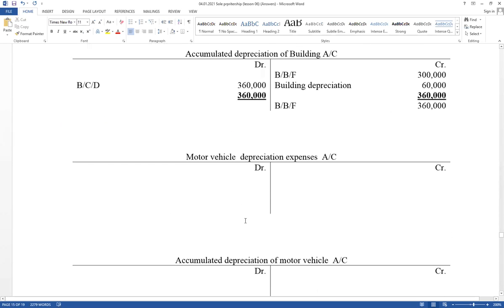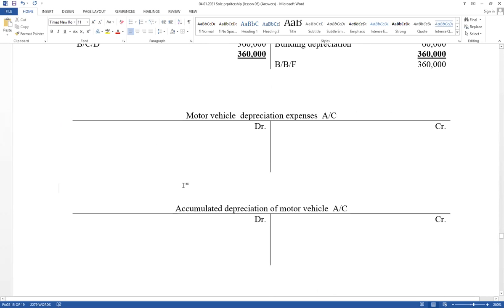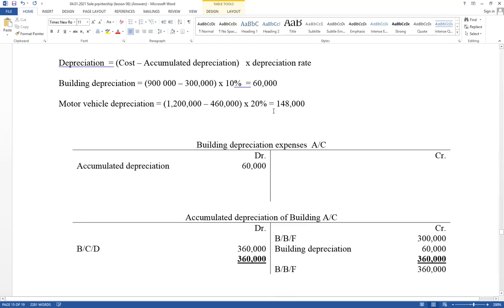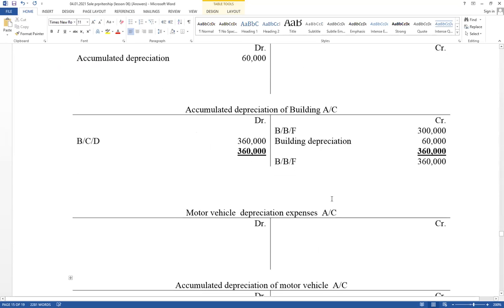Therefore, in the accumulated depreciation of motor vehicle, 460,000 as a balance brought forward, credit side. Then think about annual depreciation: motor vehicle equals 148,000. This value should be considered as depreciation. Motor vehicle depreciation expense account debit, accumulated depreciation account credit, 148,000.